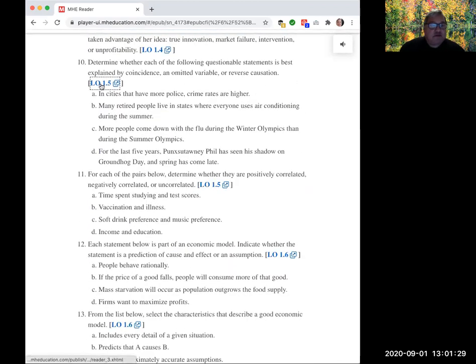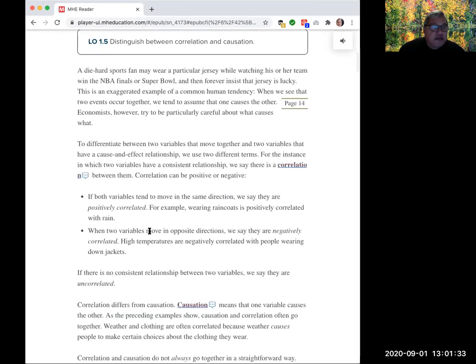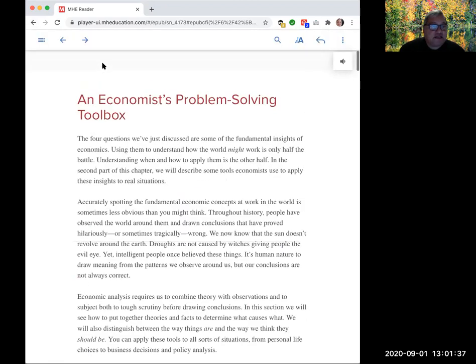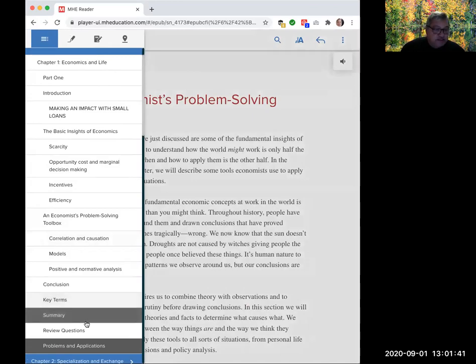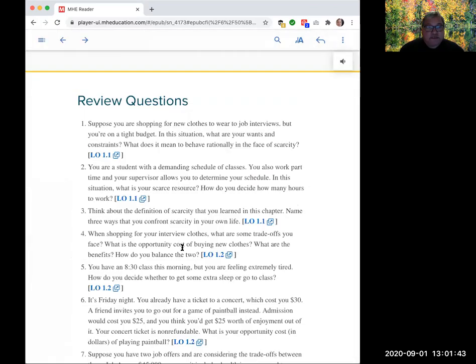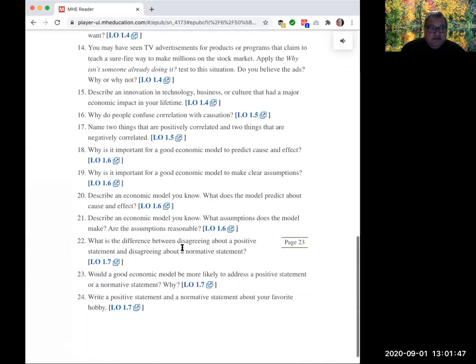Learning objective 1.5 is about distinguishing between correlation and causality. So what is correlation and what is causality? Causality is when one feature or factor impacts another.